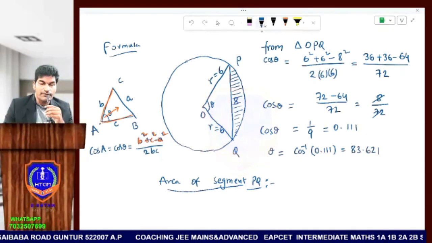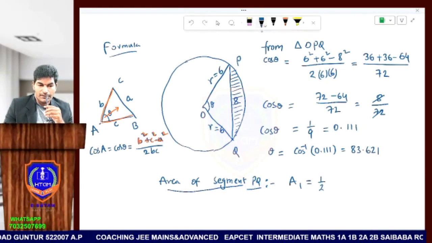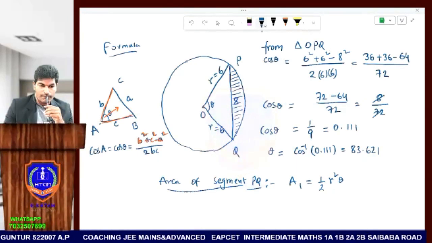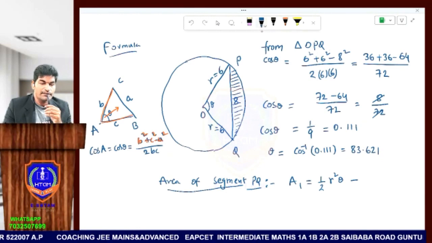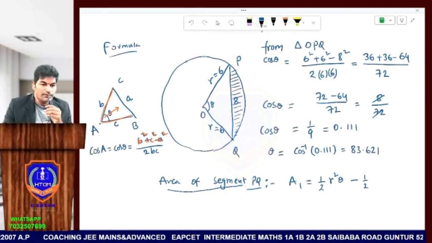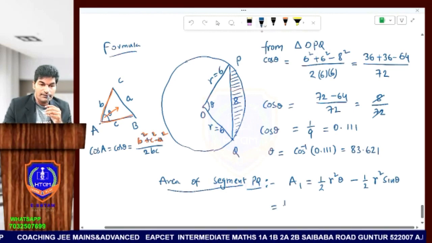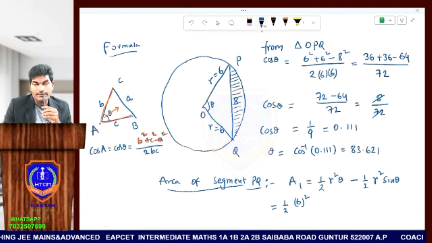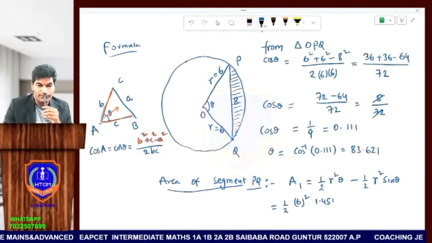It is 1 by 2 R square theta minus 1 by 2 R square sine theta. Here, you should write what R is: 6 square. What is theta? You told me that it is 1 point something. How much is that? 1.459.